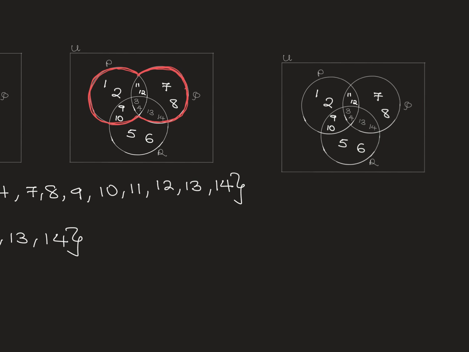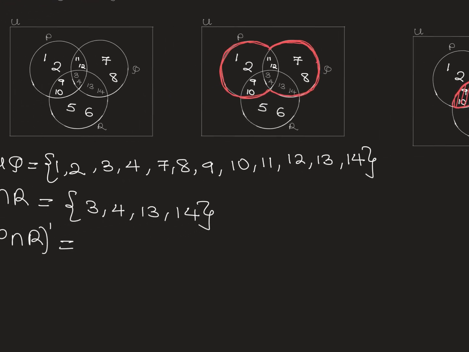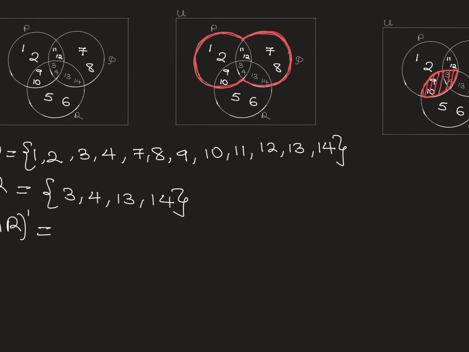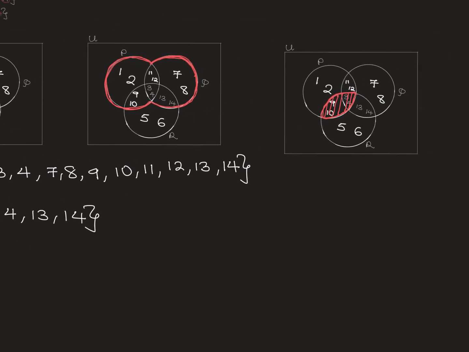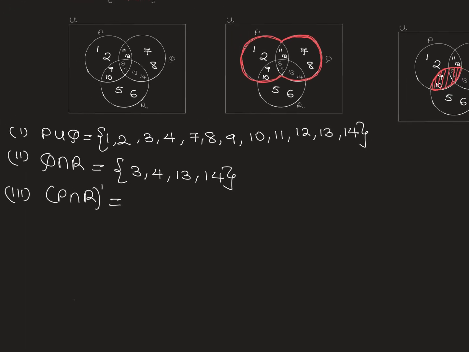Where have P and R intersected? P and R have intersected here. This is their intersection. So if you exclude this, whatever you have is the complement. So P intersection R all complement means that we are going to write all the numbers except 3, 4, 9, and 10.